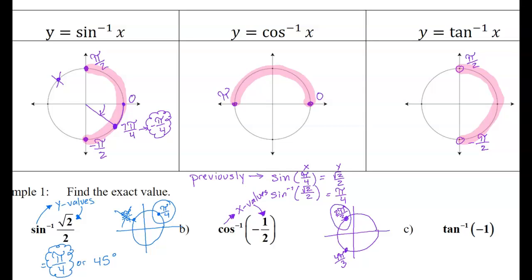Yes, this is in our domain. This is not. So the answer here is 2 pi over 3, or that's 120 degrees. But we would put into math 2 pi over 3.